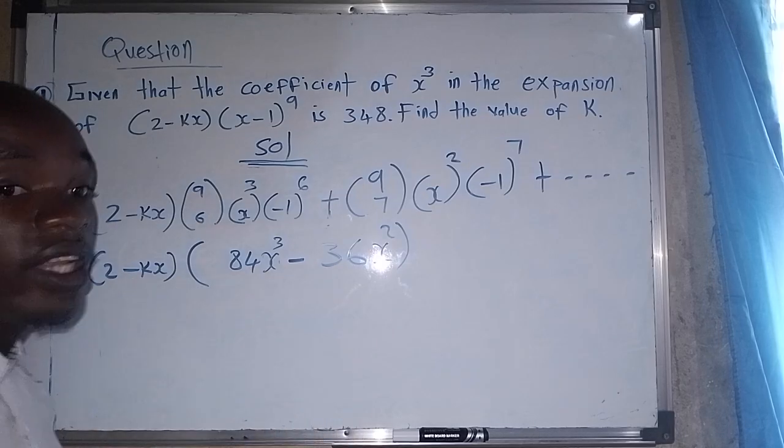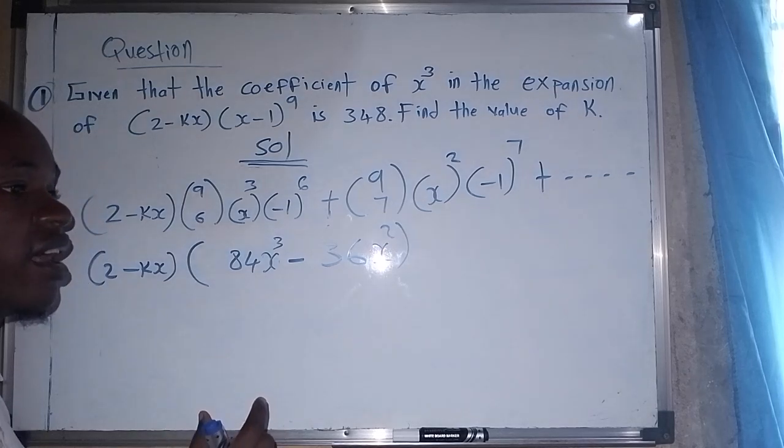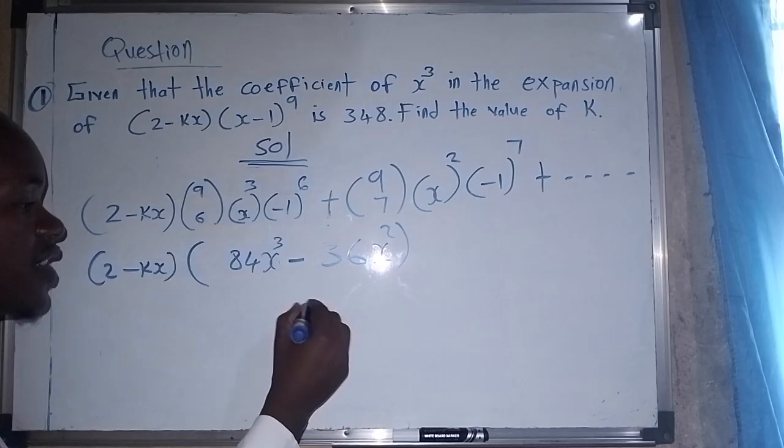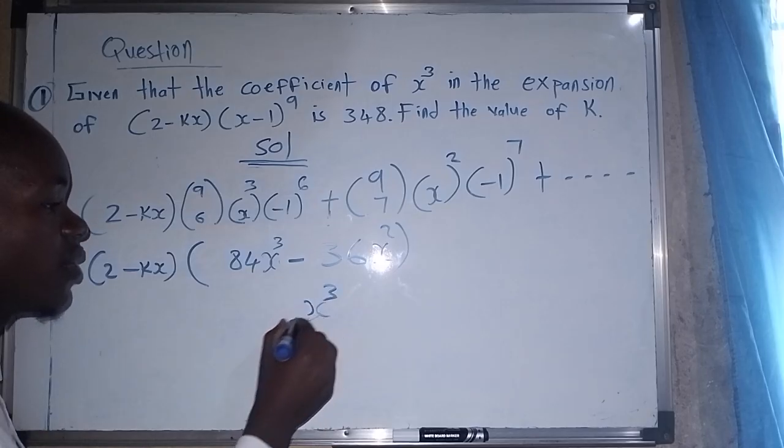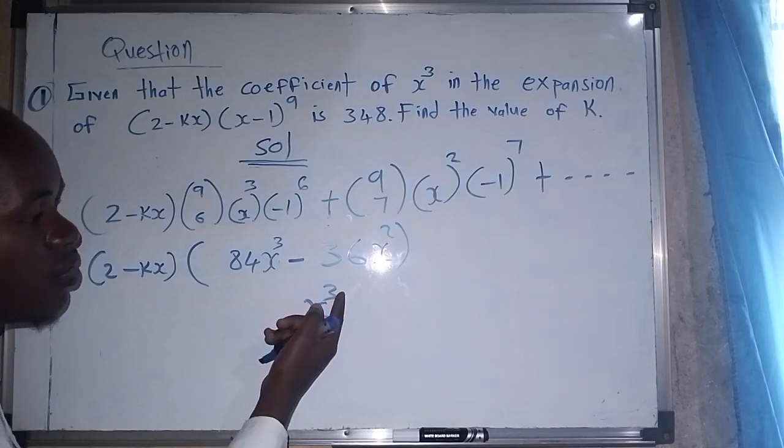But we are not going to multiply normally. Why? Because we just want the product that will give us x to the power of 3.